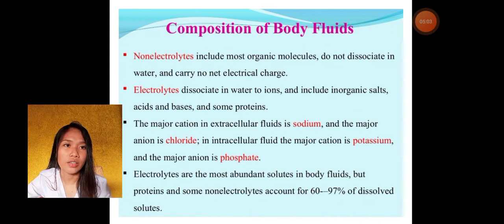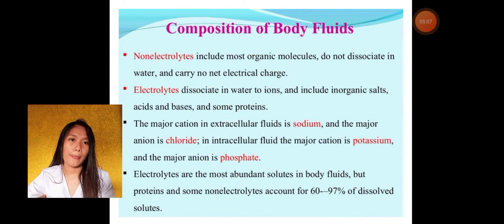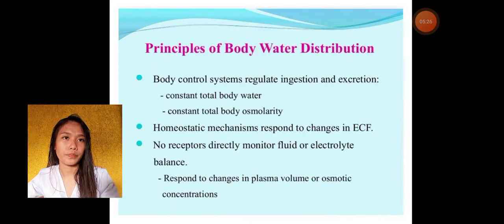In intracellular fluid, the major cation is potassium, and the major anion is phosphate. Electrolytes are the most abundant solutes in the body fluids, but proteins and some non-electrolytes account for 60 to 97% of dissolved solutes.